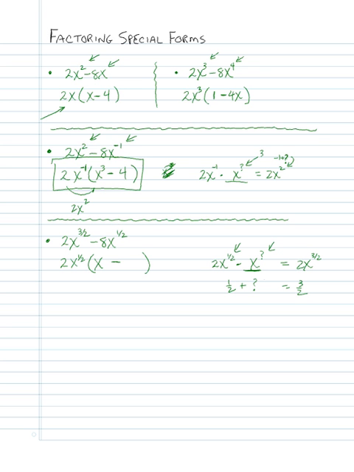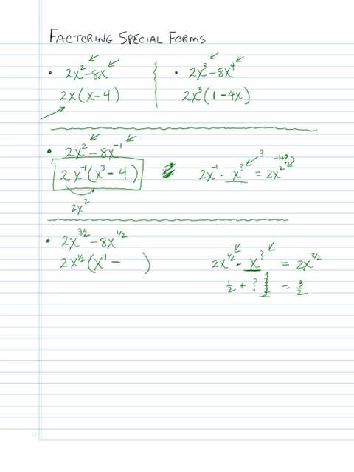Well, it must be that that question mark has to be 2 over 2. 1 over 2 plus 2 over 2 ends up being 3 over 2. And of course, 2 over 2 is nothing more than 1. 1 half plus 1 is 3 halves. So this exponent has to be a 1 so that we get the 3 halves exponent above.